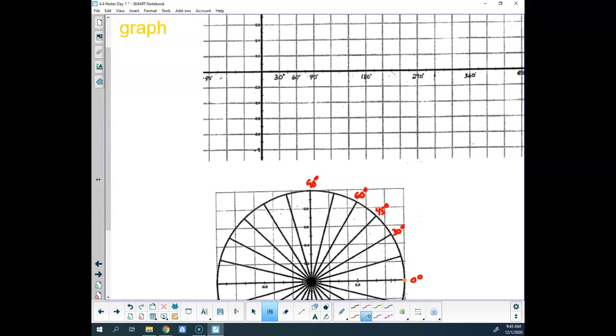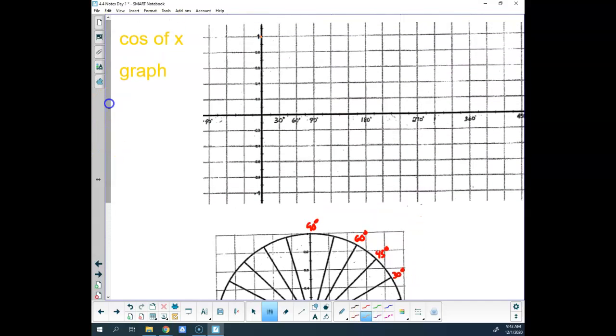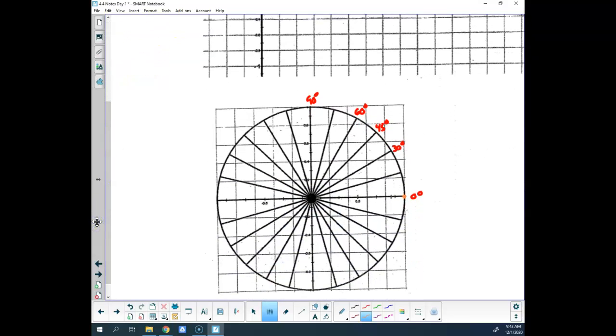So I'm going to start at 0 and measure out 1, because that's the distance from here out to my curve horizontally at 0 degrees. Now instead of measuring vertically, which was sine, we're measuring horizontally.